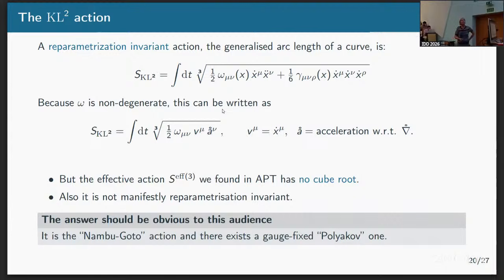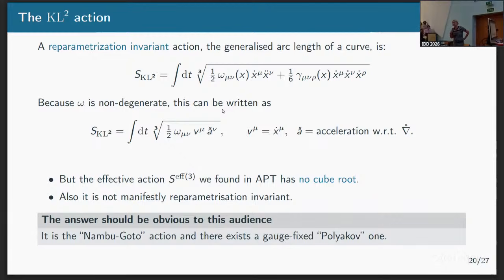And now in our system, as I said, Kawaguchi geometry, so the action which is reparameterization invariant, including the structure functions we have, omegas and gammas, are actually given like this. It's arc length, it's a cubic root.